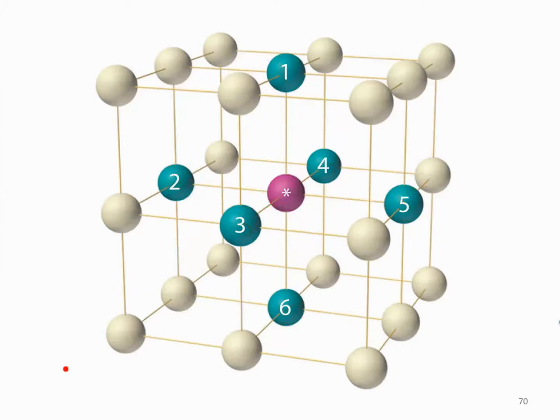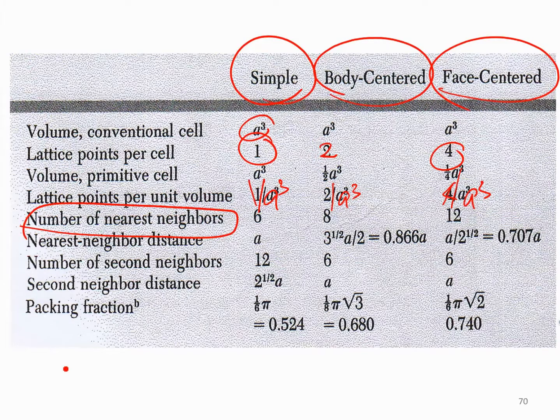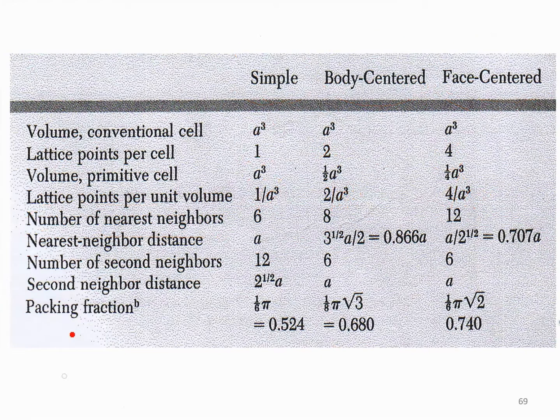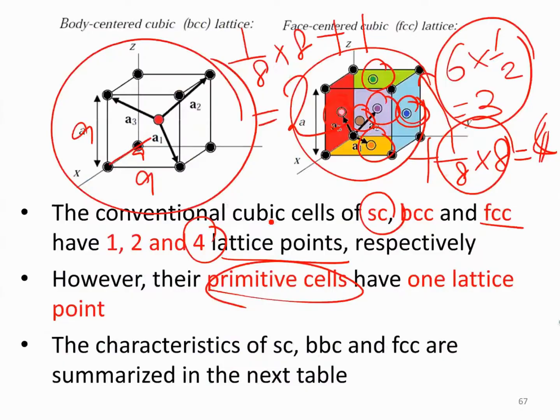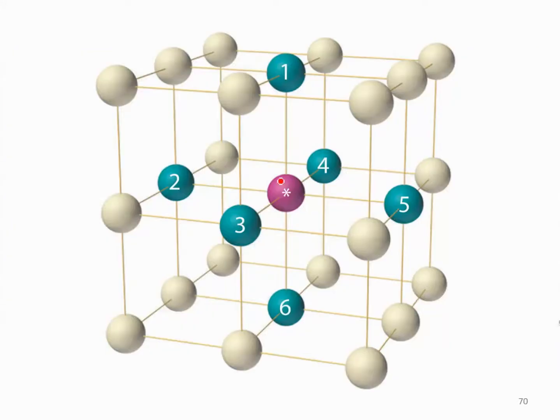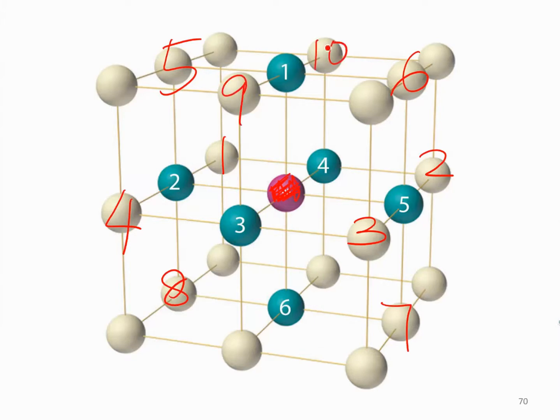For simple cubic, the number of nearest neighbors is 6, and the nearest neighbor distance is A. How about the second nearest neighbors? Again, I take this as the center atom. The second nearest neighbors will be 1, 2, 3, 4, 5, 6, 7, 8, 9, 10, 11, 12.